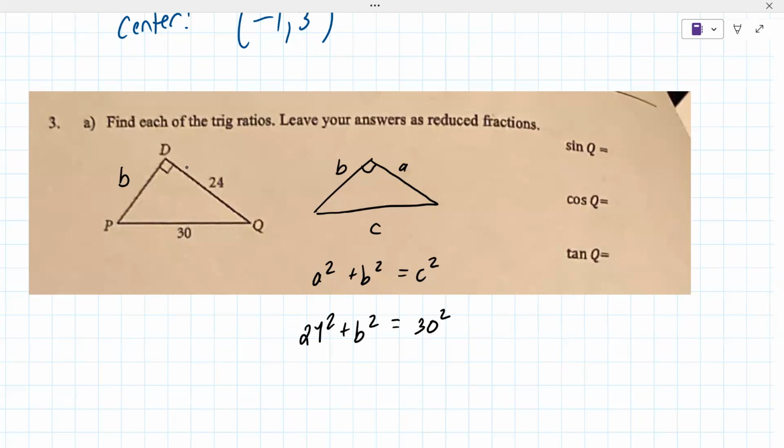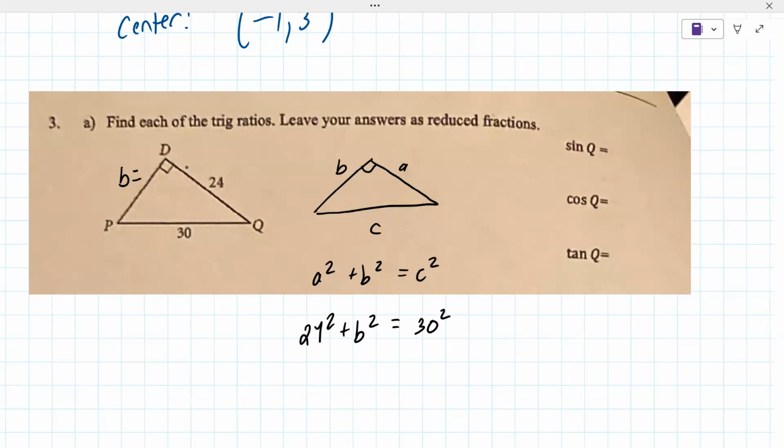This one does work out nicely when you solve for B, but we do have to get that value before we can do the rest. Right now I squared the numbers and I got 576 plus B squared equals 900, and I'm subtracting those numbers.